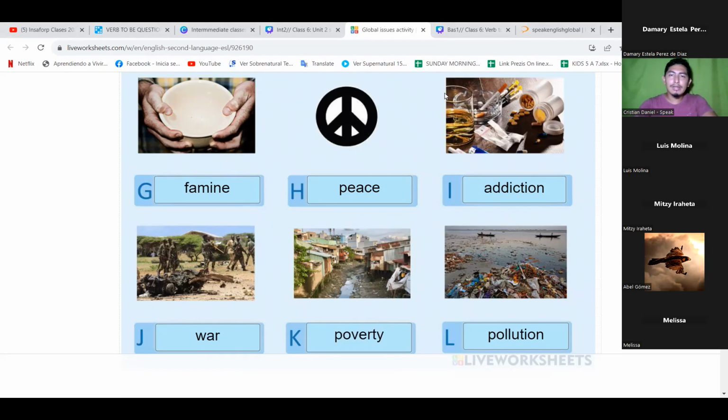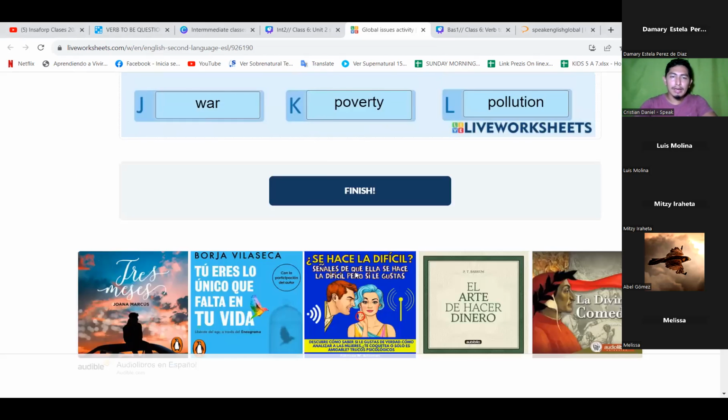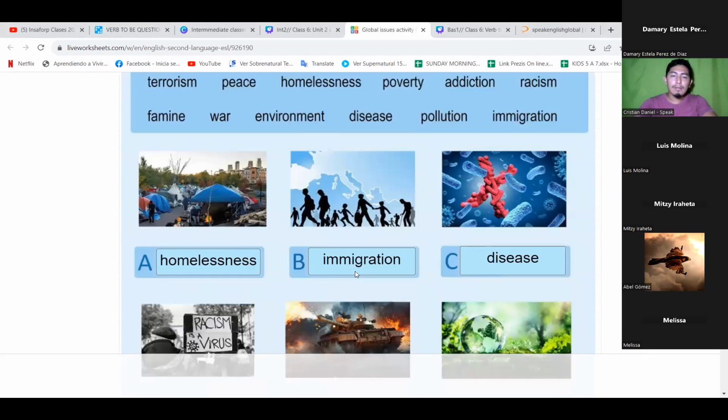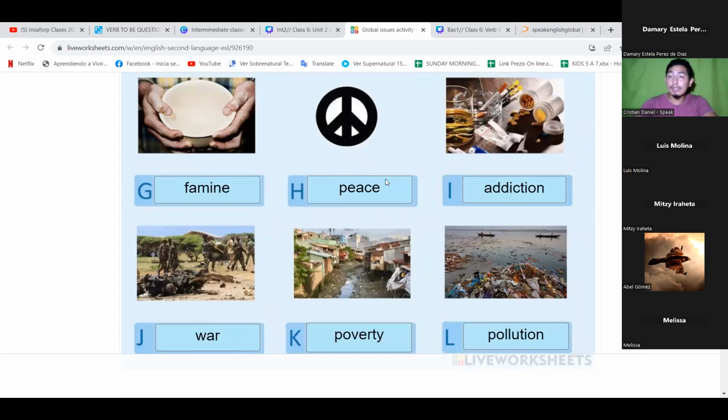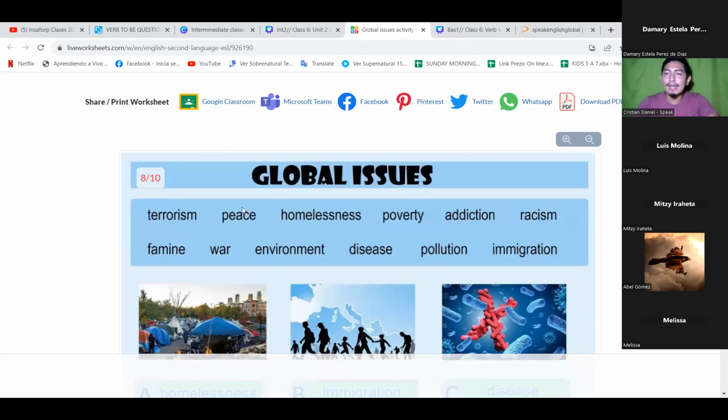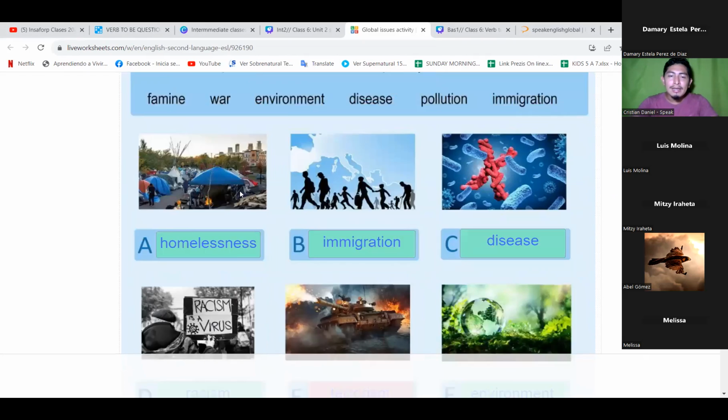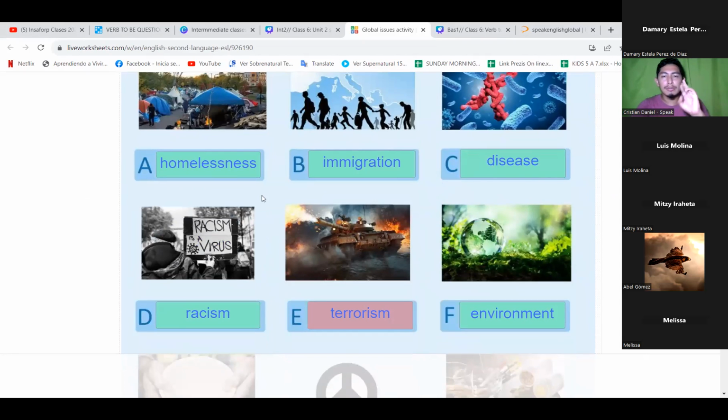As you can see in this activity, we already finished. We have different social problems, guys, that we can find, for example, in some places around the world and also in our country. Our result in this activity was 8 out of 10, because we got confused with two pictures.